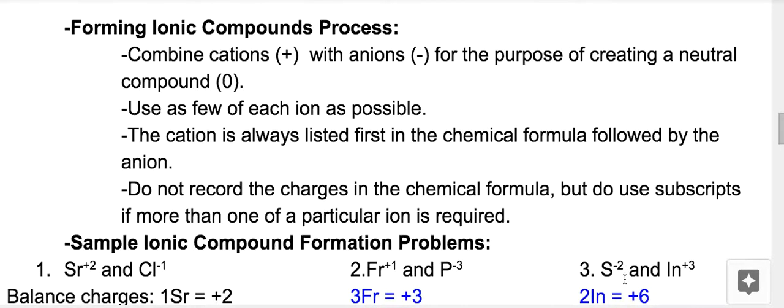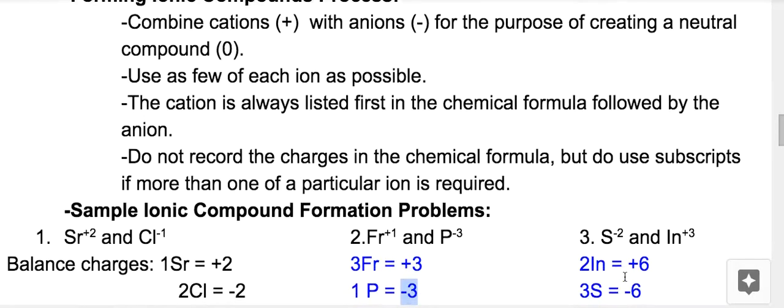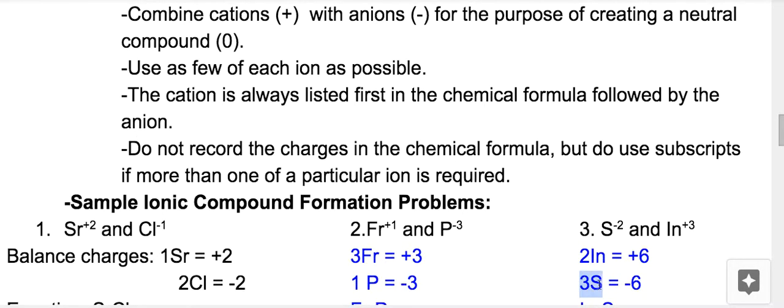So how do I get 2 to turn into 6? I have to multiply it by 3. All right, so I've got 3 S's times -2 gives me a charge of -6. Then I've got my indium, which has a charge of +3.